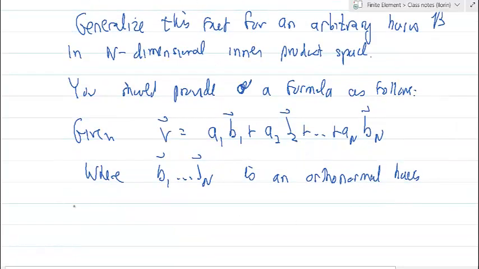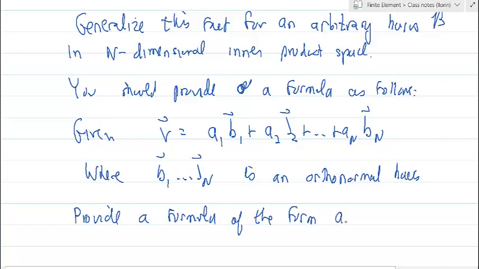Okay, you want to find a formula, so provide a formula of the form aj, which is the jth component, is equal to something. And this something should involve inner products of v with basis vectors.